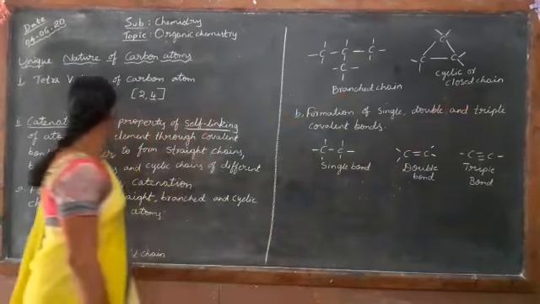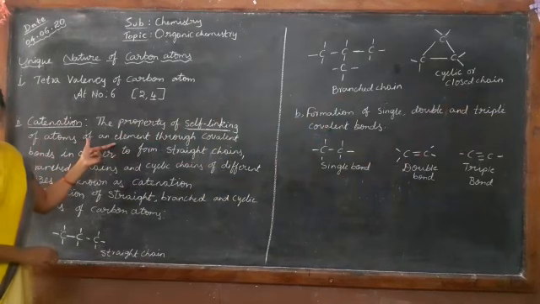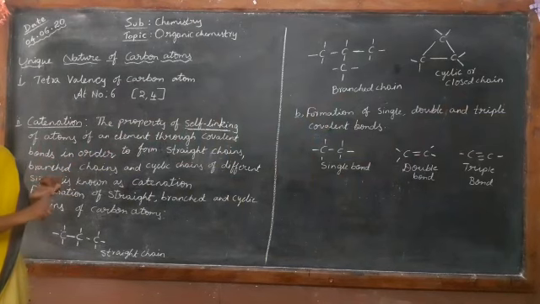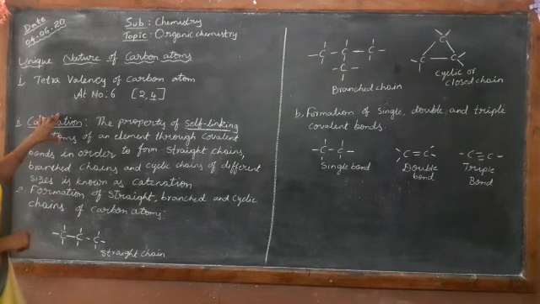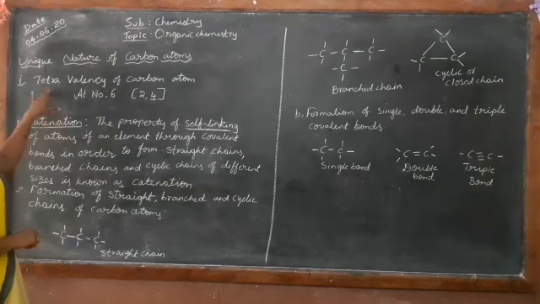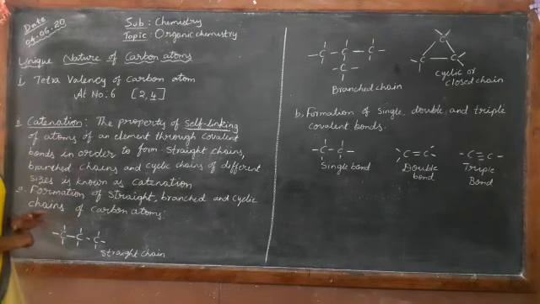So in catenation, the self-linking of the carbon atoms takes place through straight chains or branched chains or cyclic chains. This property of catenation is available in carbon. So tetravalency and catenation are the two main features of this carbon atom.